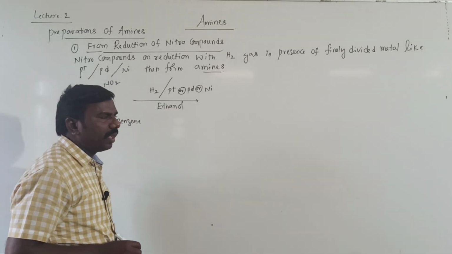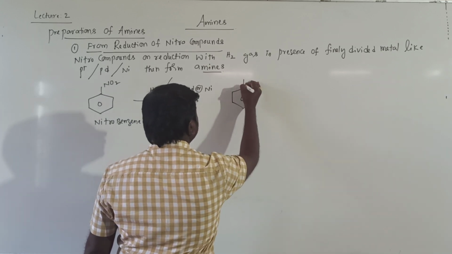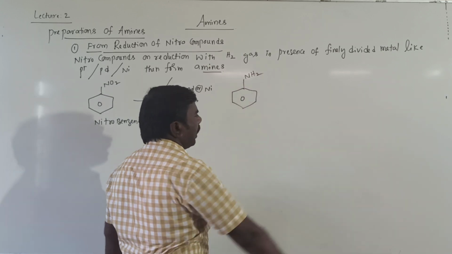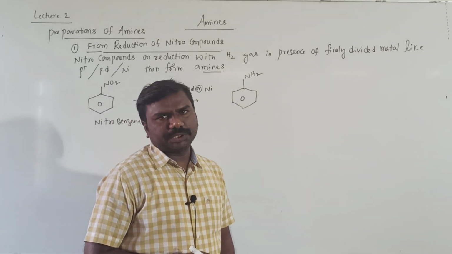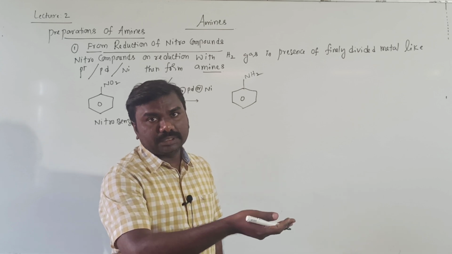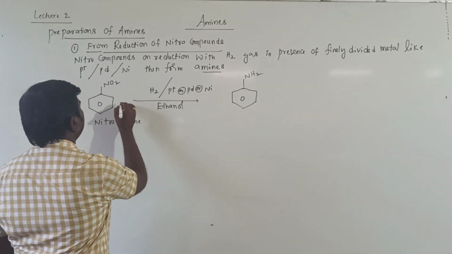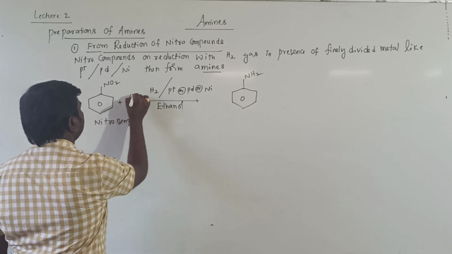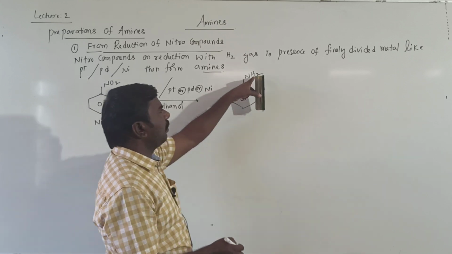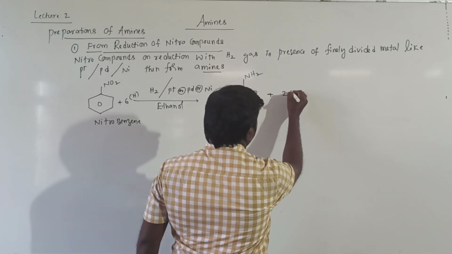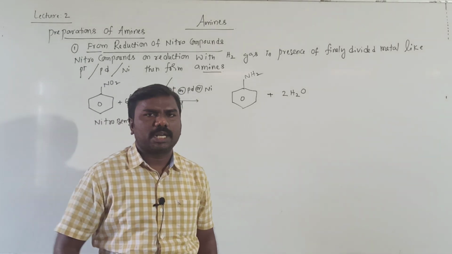Then in NO2, oxygen is removed, hydrogen is added. Addition of hydrogen is called reduction, removal of oxygen is also called reduction. Students, here 6 hydrogens are required, you need not write actually. 4 hydrogens, 2 hydrogens substituted, and the remaining 4 hydrogens and 2 oxygens are removed as water.